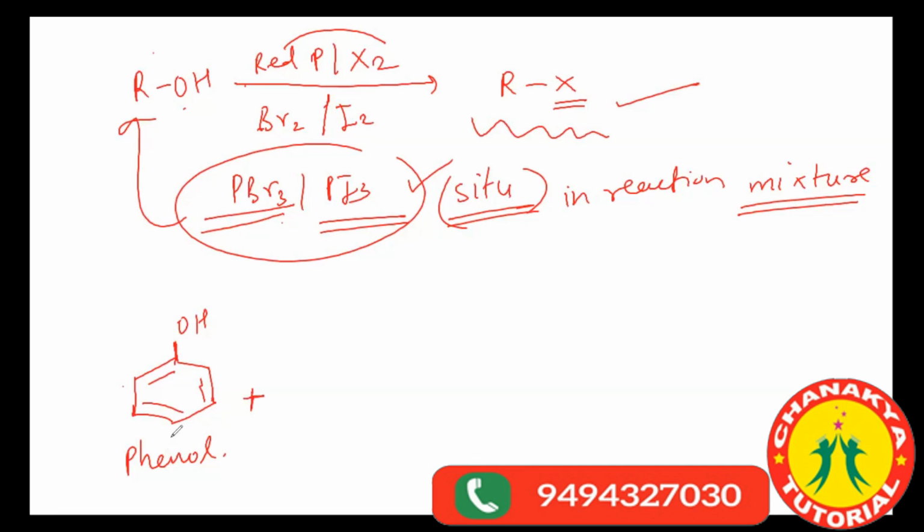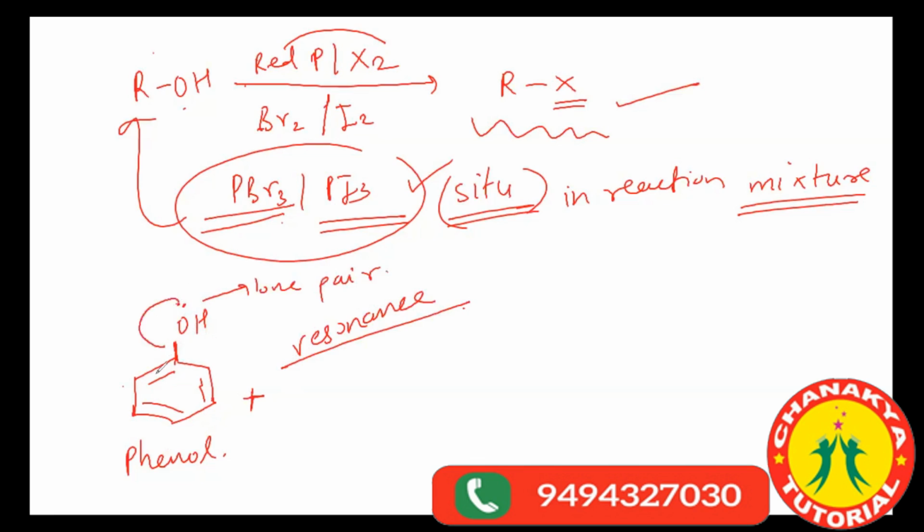Why is this not possible in this case? Due to resonance. Do you know resonance? Here, what is present on oxygen? A lone pair, right? And the pair is continuously rotating on the ring.